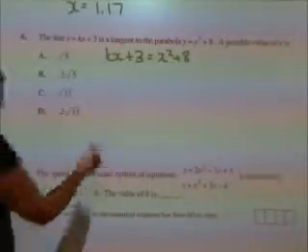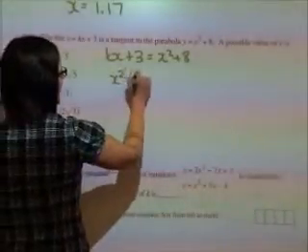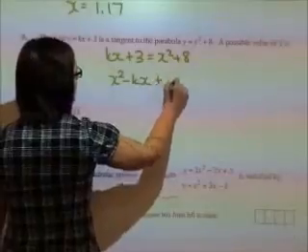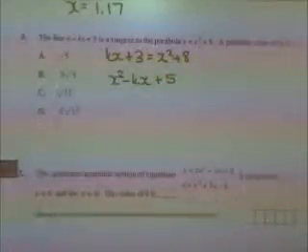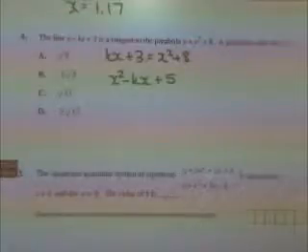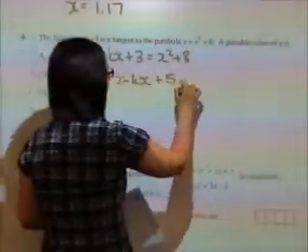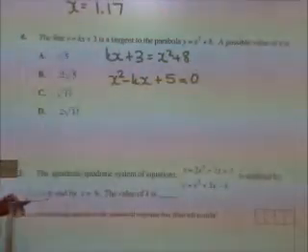So I move everything over to one side, and I get x squared minus kx plus 5. Now, if it's tangent, it only touches in one spot, which means there's only one solution. So if there's only one solution, we have to go back basically to solving quadratics.